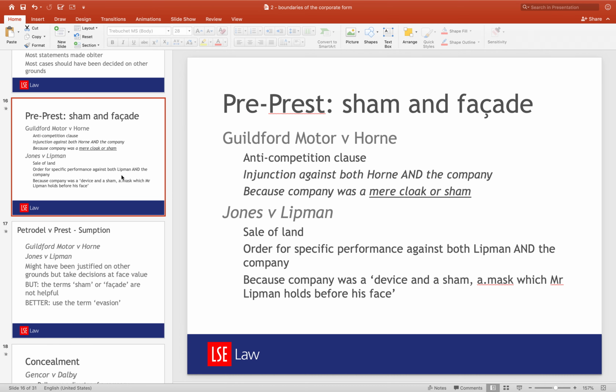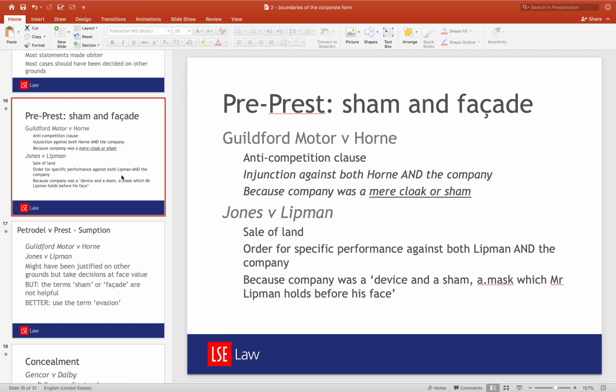Sham and facade then. Here are the two cases. Guilford Motor and Horne was the case about an anti-competition clause, and Jones and Lipman was a case on sale of land which was sold, and then the vendor felt sorry for having done that, and so he sold it onwards to a company he controlled, but the court still gave an order for specific performance so that the original buyer would get the land.